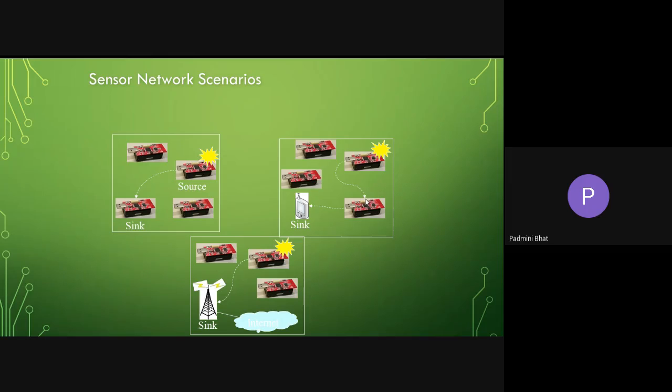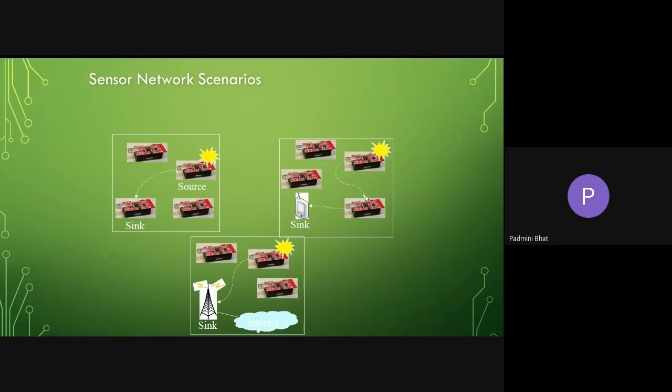That is also possible. Or else this may be the controller, a node from where I am collecting the data. This may be a controller, because when we say a node, it has to perform many tasks.